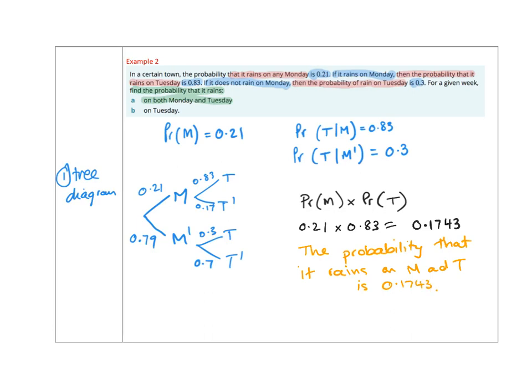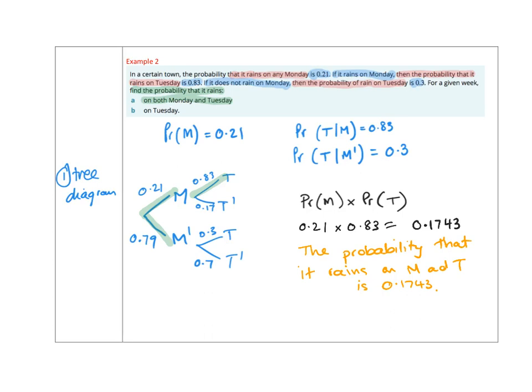And the second part of the question is just that it rains on Tuesday. Now this could be a little bit difficult because there are in fact two options where this is the case. If we go back to our tree diagram, it could rain on Monday and then on Tuesday, but it could not rain on Monday and then also rain on Tuesday. So there's two options here that we'd have to test.